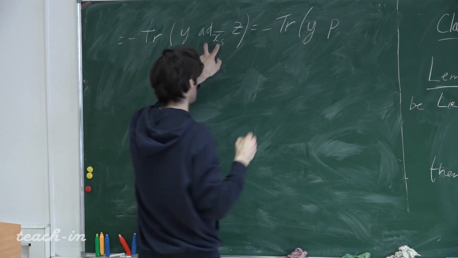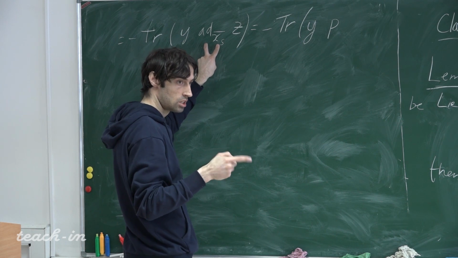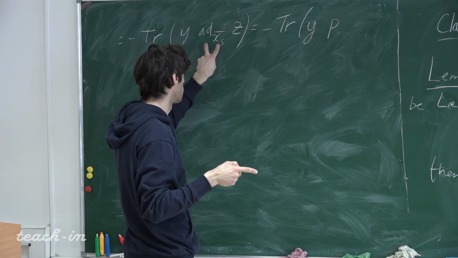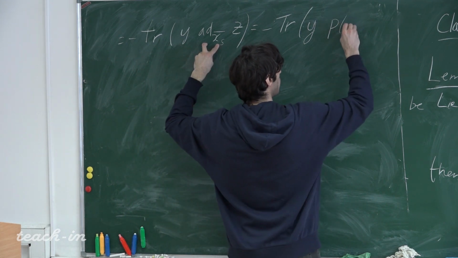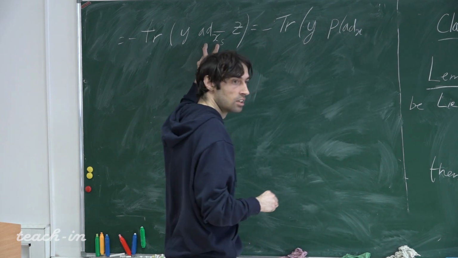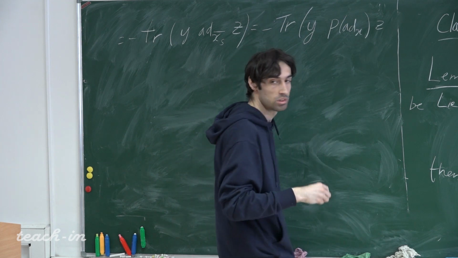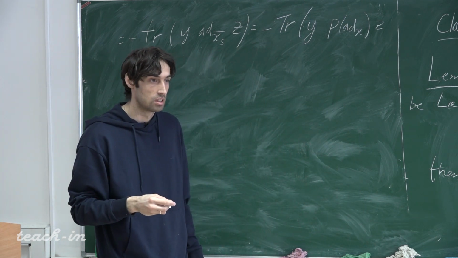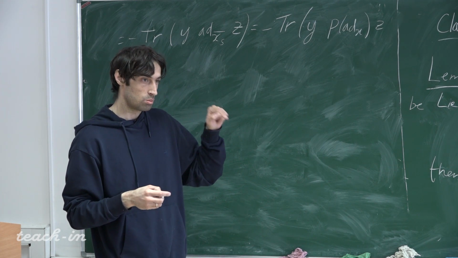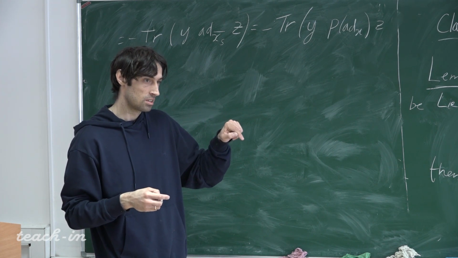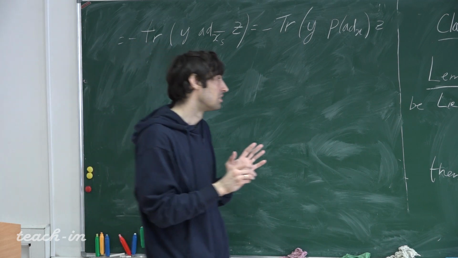This is as a linear transformation of GLV, a polynomial of add X applied to Z. And moreover, this polynomial doesn't have constant term in it. So it's just a bunch of commutators with X without just Z, all right?